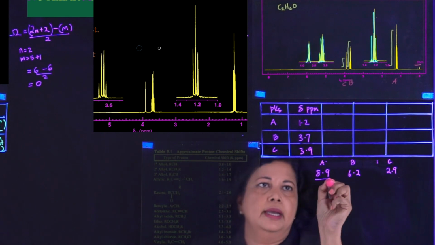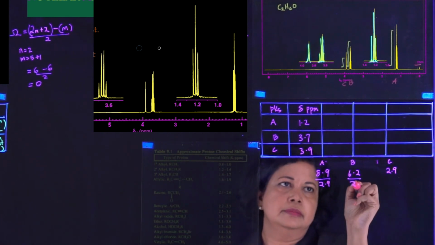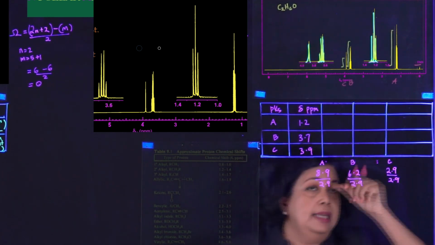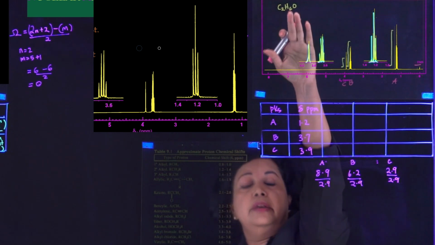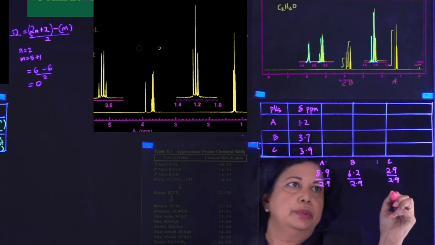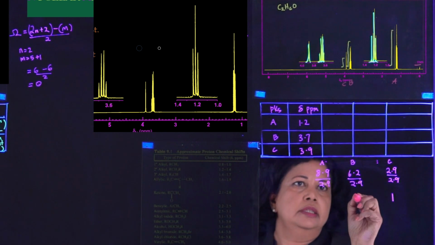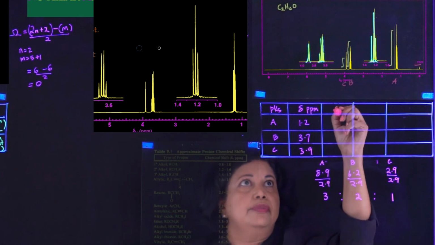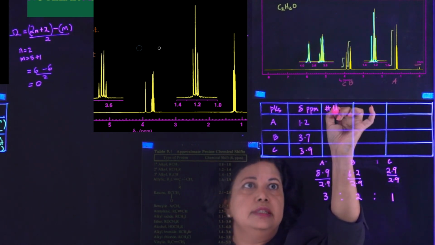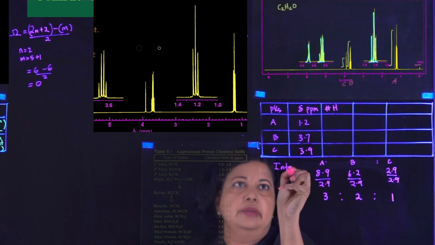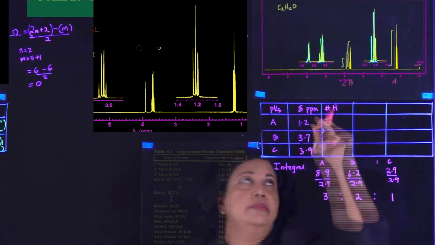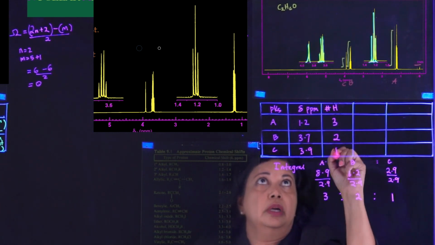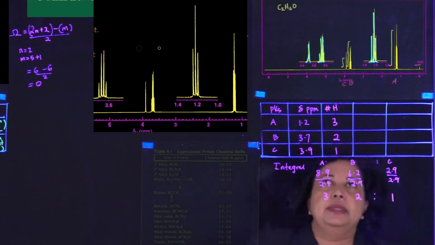Let's divide by the lowest number here. Since we have a whole number 6, it has to be a ratio that adds up to 6 for the protons. So if I do 1 to 2 to 3, that's 6 protons. So this is the number of hydrogens. This is coming from the integral, which the machine will draw at the very end. And so here you're going 3 to 2 to 1. That's a very important piece of information.